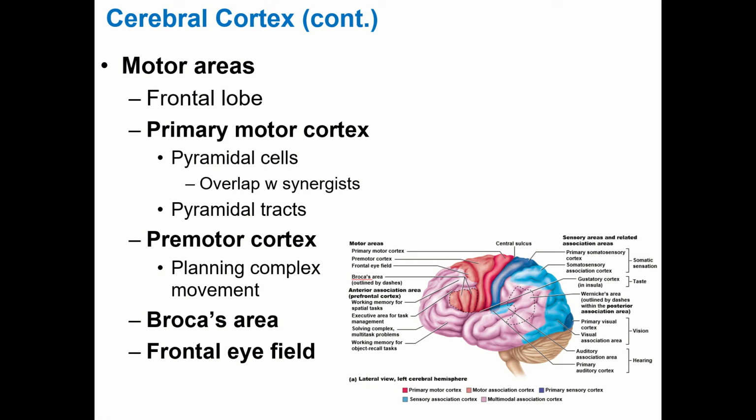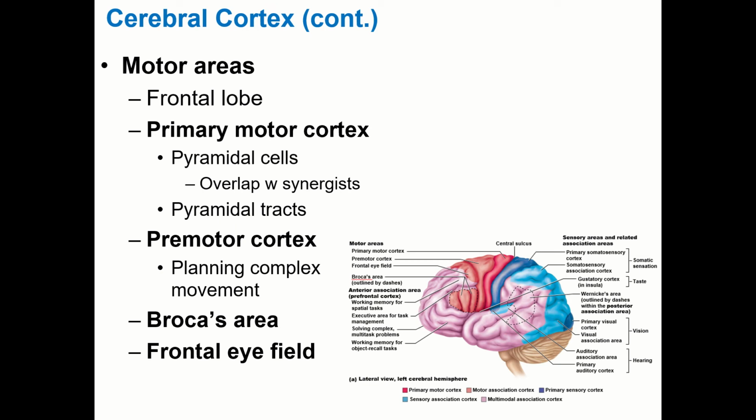The axons of your pyramidal neurons are going to be bundled together into tracts, T-R-A-C-T-S. Tracts are bundles or groups of axons, bundled together with pyramidal cells that do the same thing.